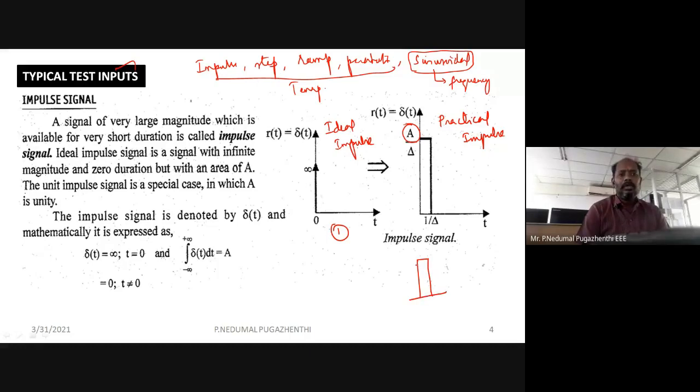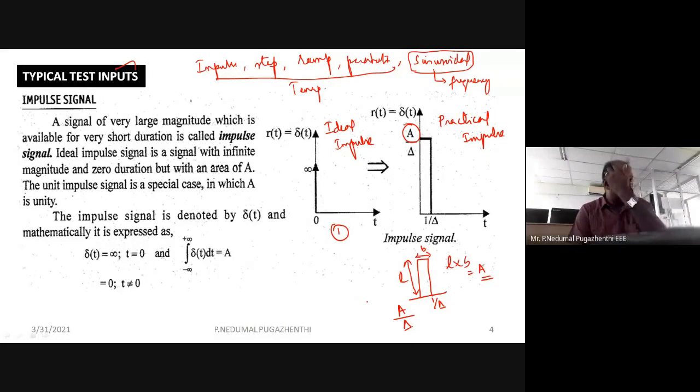You know the area of a rectangle is length into breadth. If the magnitude is maintained at A by delta, and its breadth is maintained as 1 by delta, then obviously length into breadth gives me A as the magnitude.